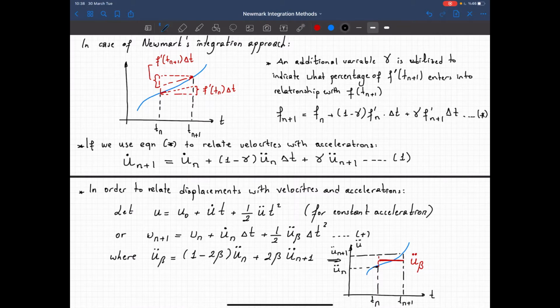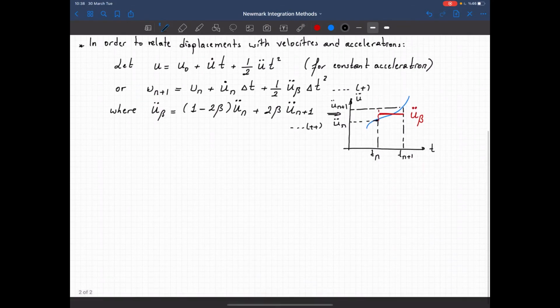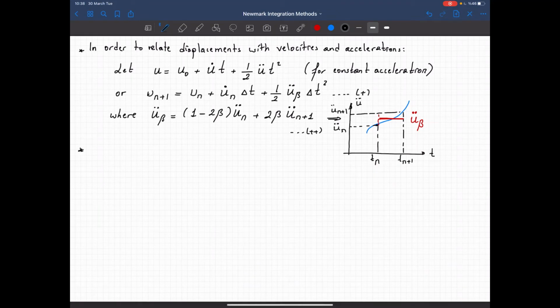So let's call this one equation plus plus, and inserting equation plus plus into equation plus, we have our second integration equation in Newmark methods.